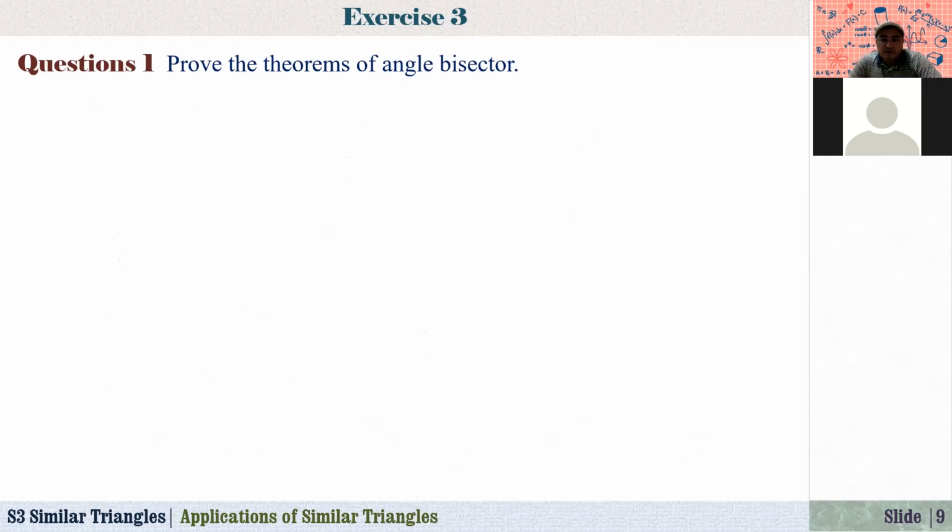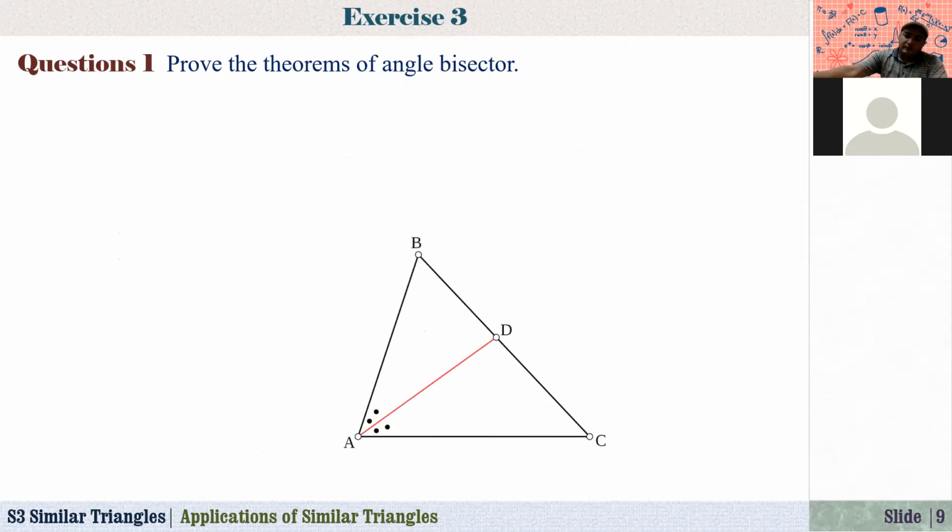Prove the theorem of the angle bisector. If you remember, what is the angle bisector? If you're given a triangle, and suppose that this AD is an angle bisector, that means that this angle is equal to this angle. Suppose that this side is opposite B, it is b, and opposite C, that is c.